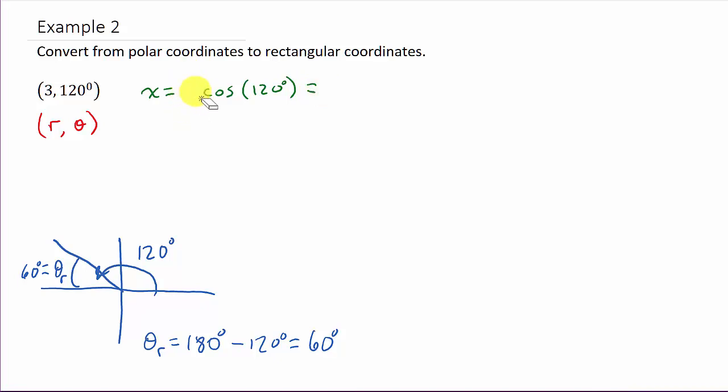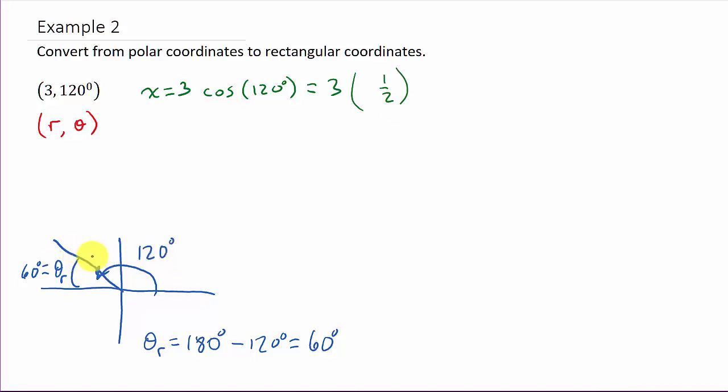Let me change this r here to a 2. I'm sorry, to a 3. All right, so we've got 3 times. Now we need the cosine of 120. Well, to find this, we can do the cosine of 60. So the cosine of 60 is 1/2. Okay, and I'm in the second quadrant.